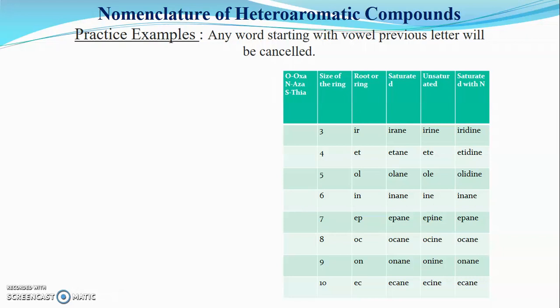Now this is the time to do some practice. If you see this compound, as I said, first you have to identify the heteroatom. Over here it is oxygen, so it's oxa. And it is a 3-membered saturated ring, so you have to say irene. So it is oxa plus irene.